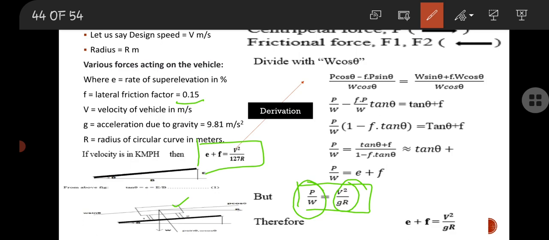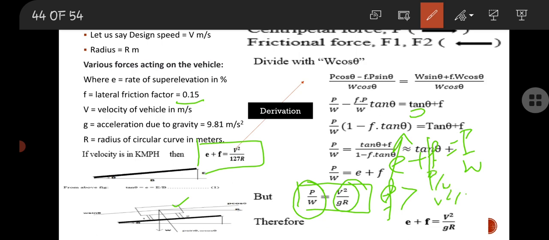We know E plus f is equal to P by W. If E is 0, it means how much friction is needed on the road so that the vehicle will not overturn and not slide. For that condition, the friction must be greater than P by W, that is V square upon gR.